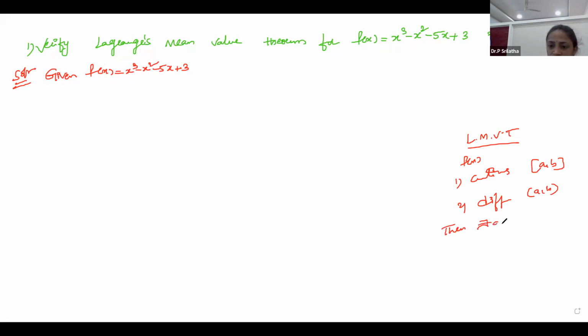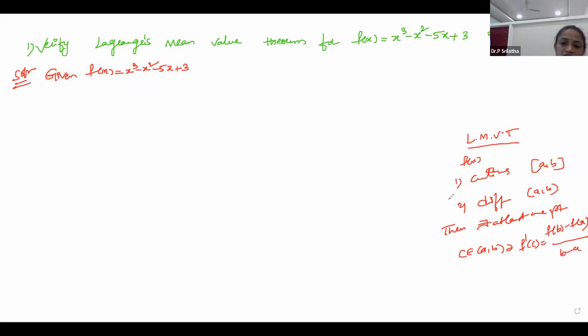Then there exists at least one point c belongs to open interval a comma b such that f dash of c equal to f of b minus f of a divided by b minus a.